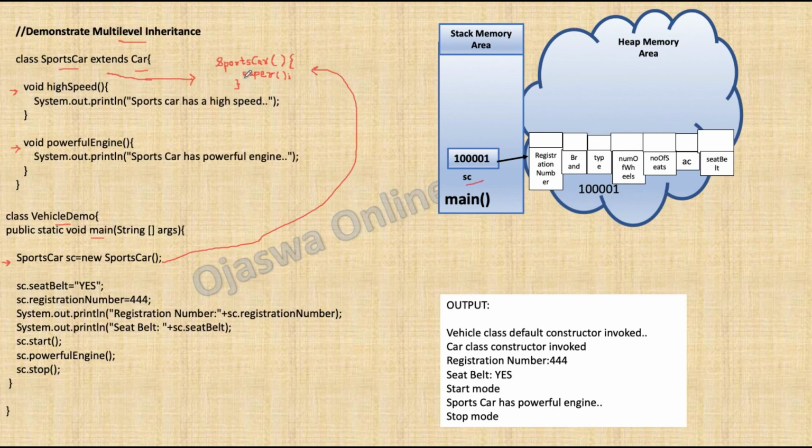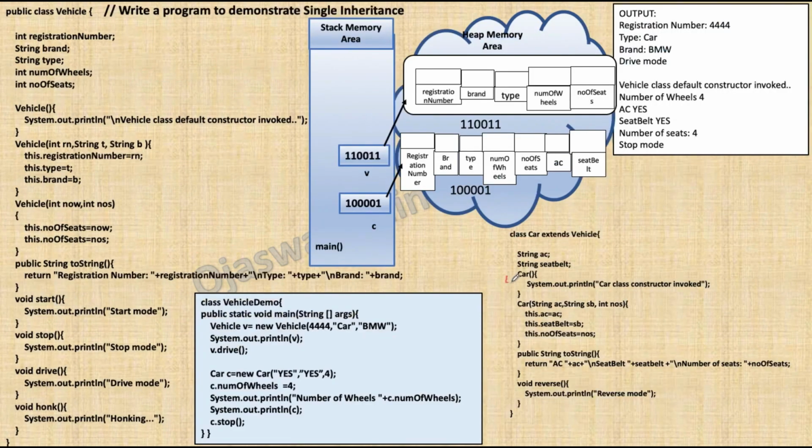The first statement inside the constructor is always a call to the superclass constructor. So from here, control of execution will go to the default constructor of immediate superclass, that is class car. So let us see the code for class car. So control of the program comes to the superclass default constructor, that is over here. And here we have the code System.out.println and we are printing car class constructor invoked. But before this, the first statement inside the constructor is always a call to superclass constructor.